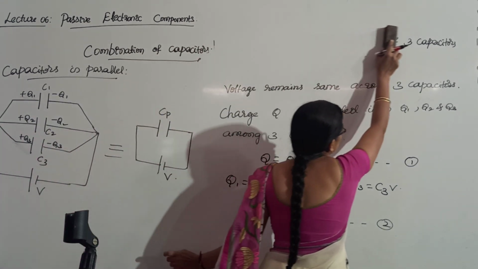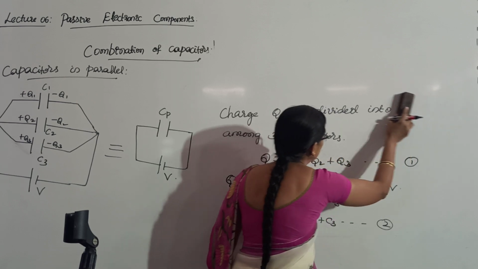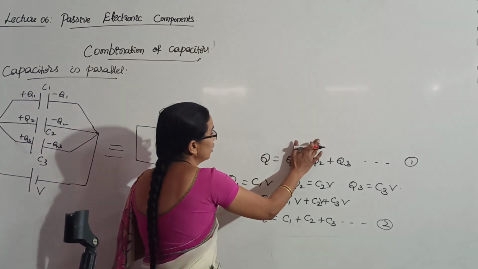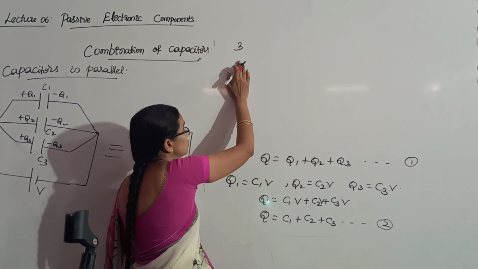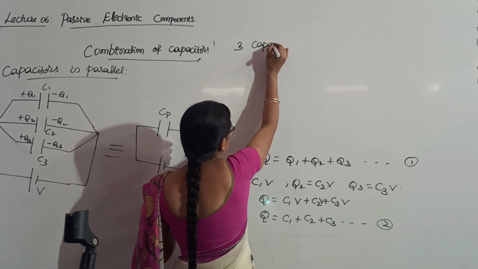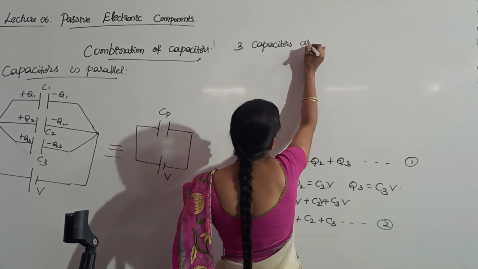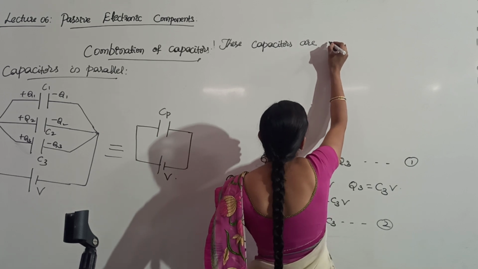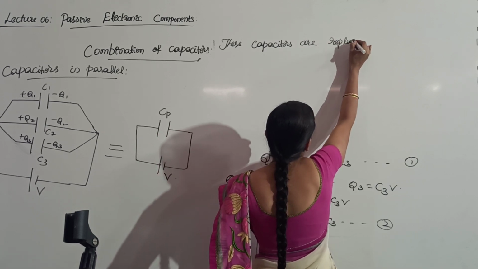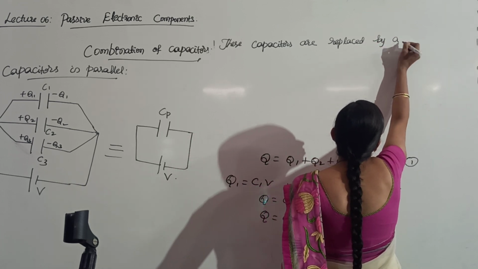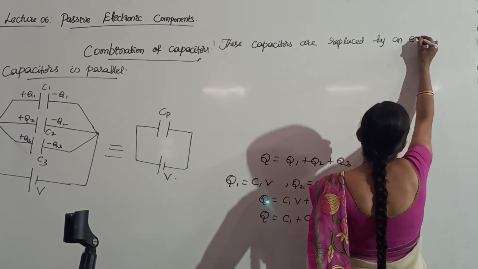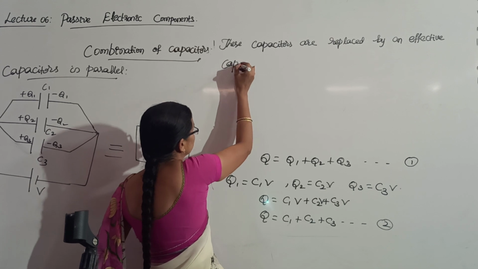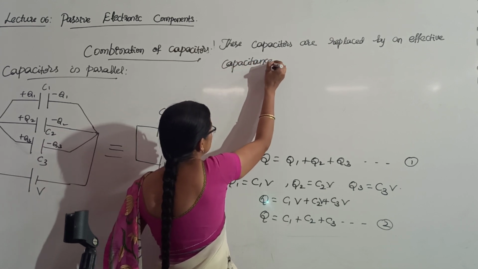And these three capacitors connected in parallel are replaced by an equivalent or effective capacitance Cp.